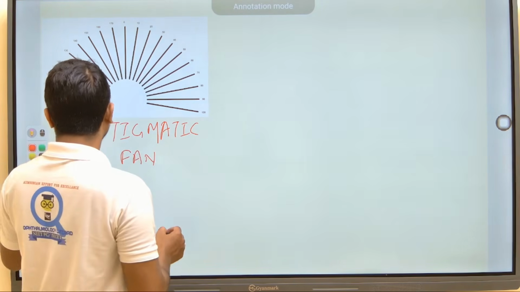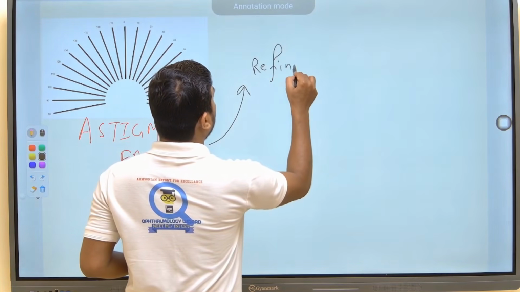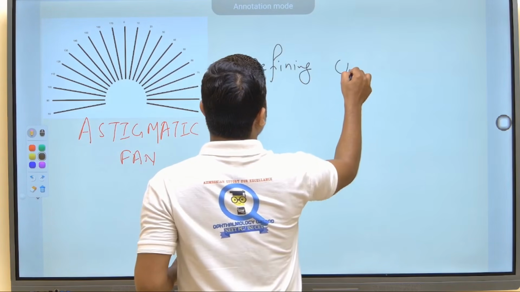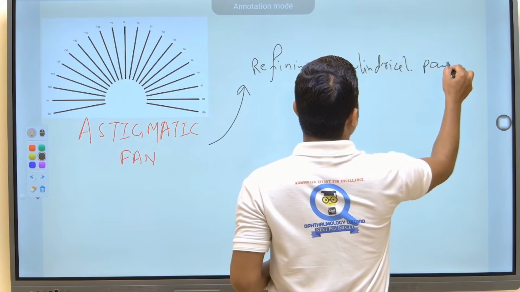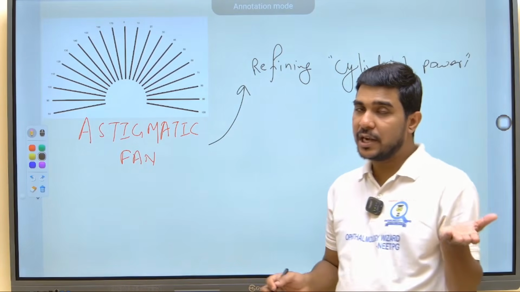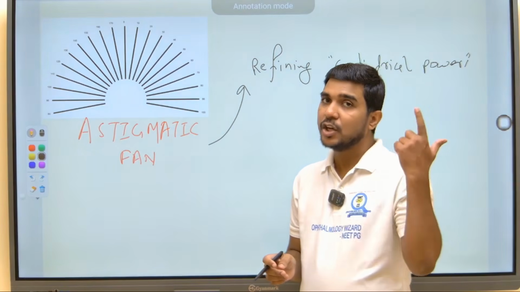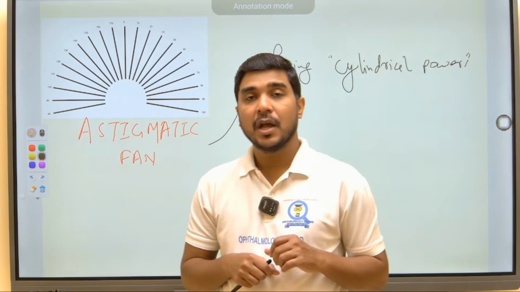As the name is suggesting, it is astigmatic fan. Obviously, this will be used for refining cylindrical power. Understood? Astigmatic, we use cylindrical power for astigmatic, right? So astigmatic fan will be used for refining the cylindrical power. How?